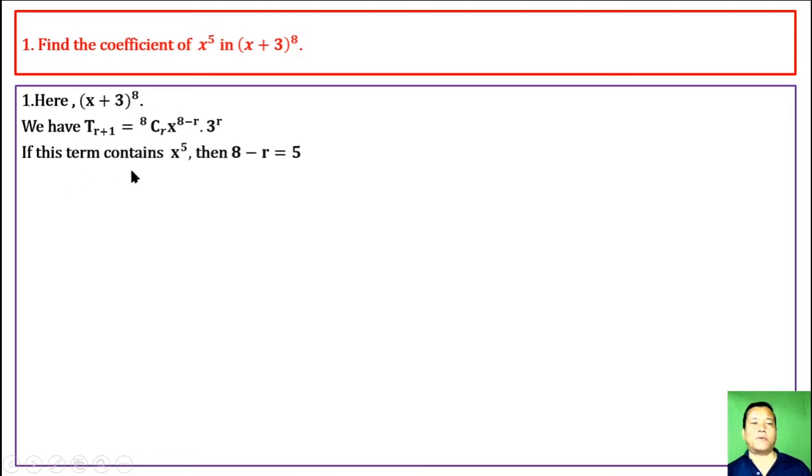If this term contains x to the power 5, then the power 8 minus r must be equal to 5. Solving, r is 3. Therefore, the coefficient of x to the power 5 is 8C3 into 3 to the power 3. Evaluating, we get 1512.